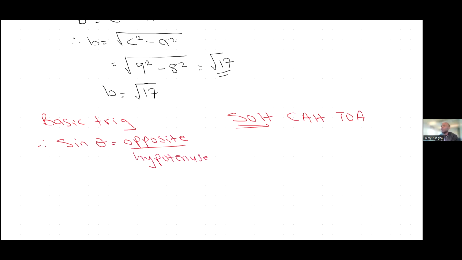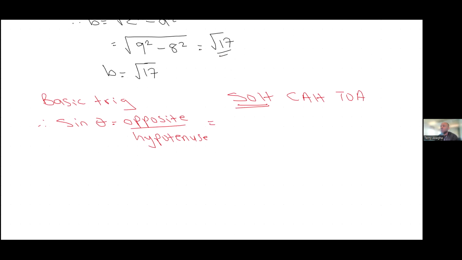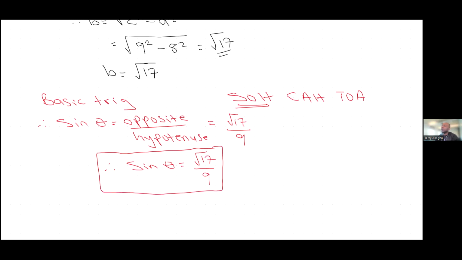The opposite in this example was root 17, the hypotenuse was 9. So sine theta is equal to root 17 divided by 9.